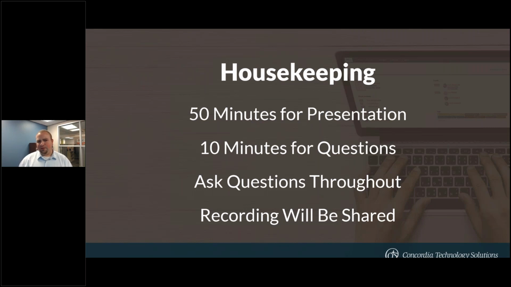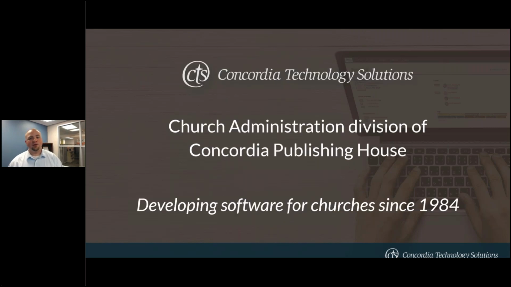All right, a little bit about us before we get started. We are Concordia Technology Solutions. We are the church administration division of Concordia Publishing House. We go by Concordia Technology Solutions because churches don't often think of a publishing house and websites, so that's why we go with that brand, but we're one and the same. We've been developing software for churches since 1984.